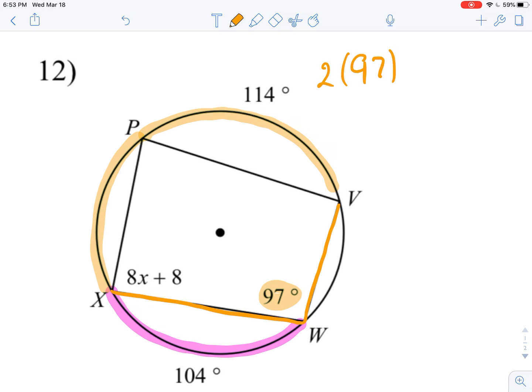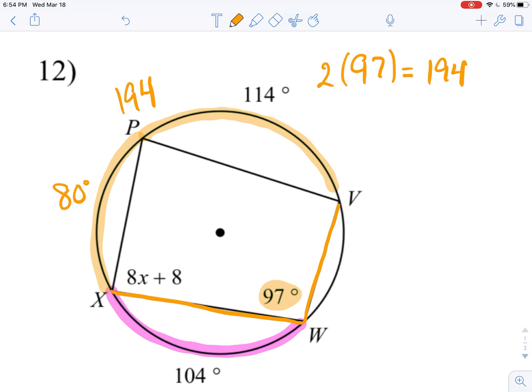And I know 97, got to double that to get 194 for the whole giant arc XPV, that major arc. And now how do I find PX? Well, I know PX has to add with 114 to get 194.